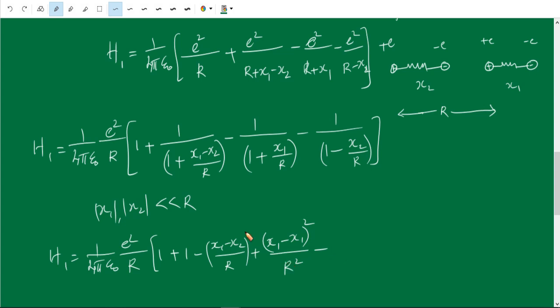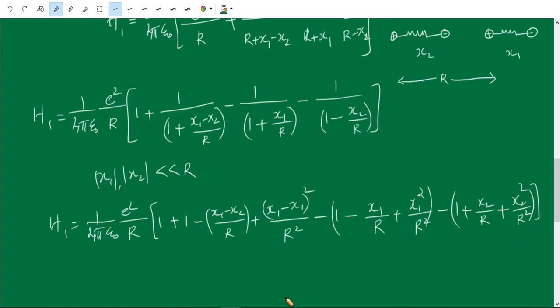We can neglect the higher order terms. The third term will be 1 minus x1 by r plus x1 square by r square, and the last term will be 1 plus x2 by r plus x2 square by r square.